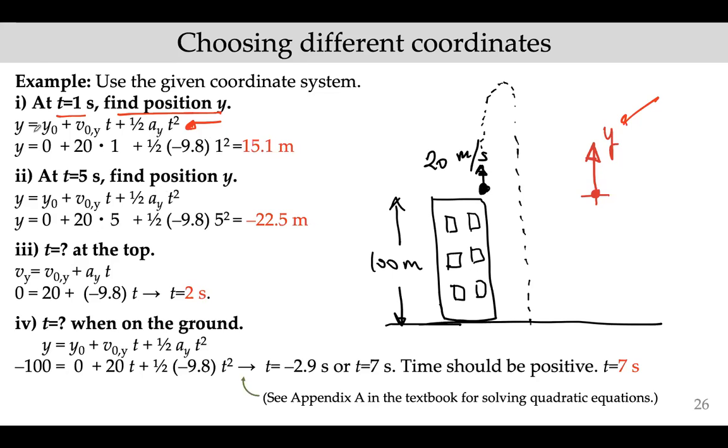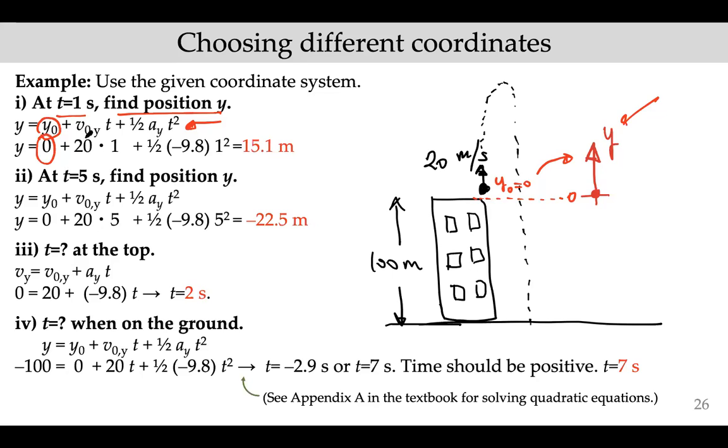So let's see what the initial position of the ball is. Well, you may say it's 100 meters, but our coordinate system's 0 is not here. The 0 is actually here. So the ball is initially at 0. So the initial position is actually 0 because we are using this coordinate system.